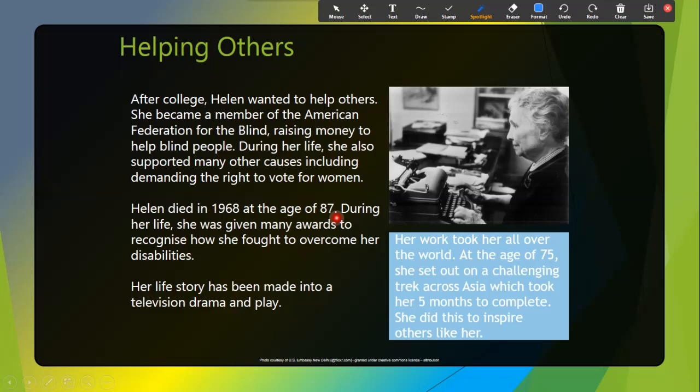During her life, she was given many awards for recognizing how she fought to overcome her disability. I told you before, disability means that she can't do something, and disabled people, maybe they can't see, they can't hear, they can't walk. Her life story has been made into a television drama and play.